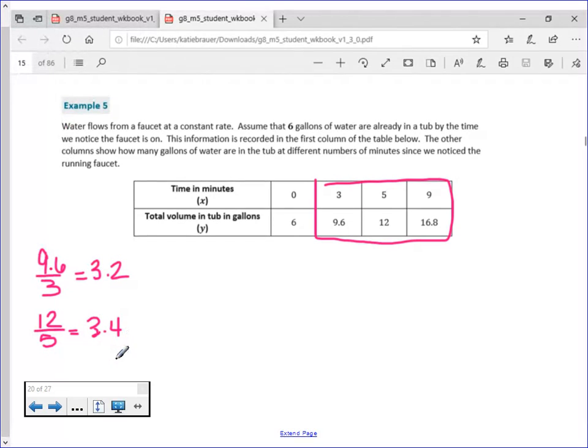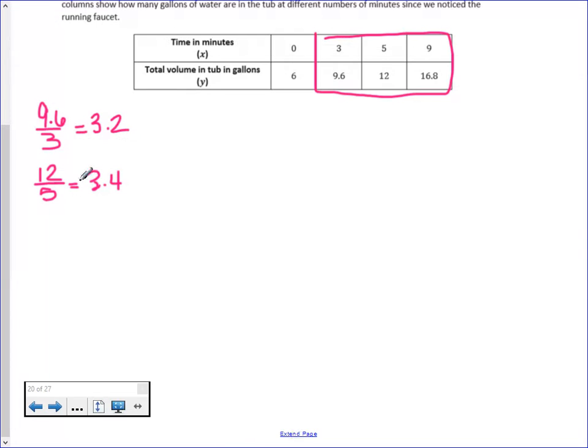And then take 16.8 divided by 9. 1.8. So do you see how we're not getting the same rate every single time? So how do we do that if we don't get the same rate every single time? Like we're not getting a constant rate.